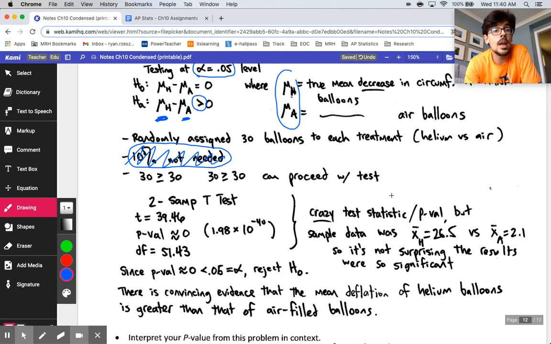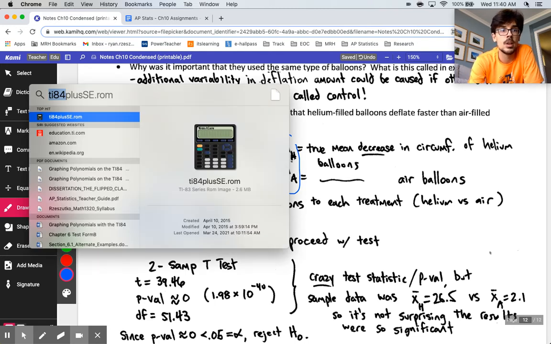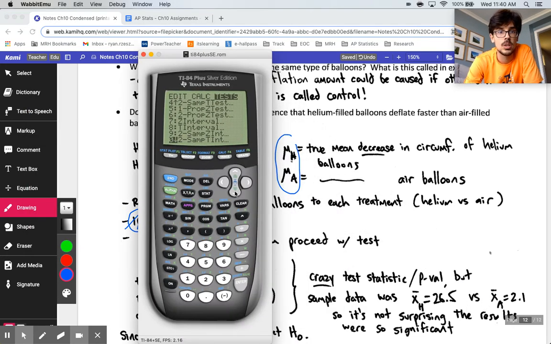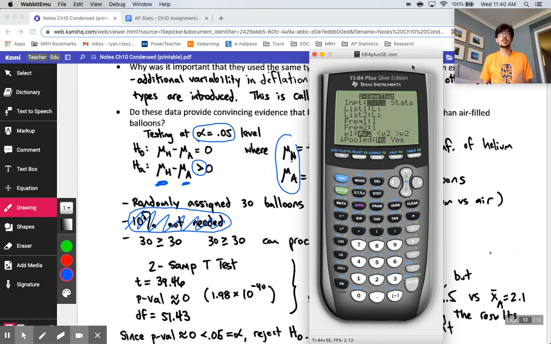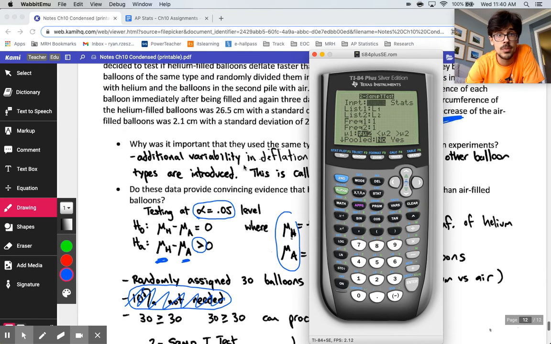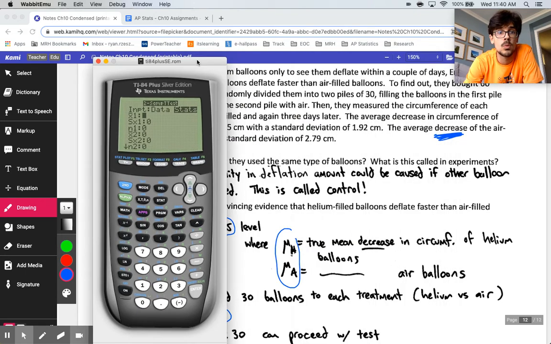So when you actually type this in the calculator, this time I am running a test, not just an interval. So I would want number 4 here. We did the data tab last time on the cookie problem because they gave us the raw numbers. Here they summarized for us what is going on with the decrease. So I'm going to choose the stats tab, and then I can just fill in the info from the problem.